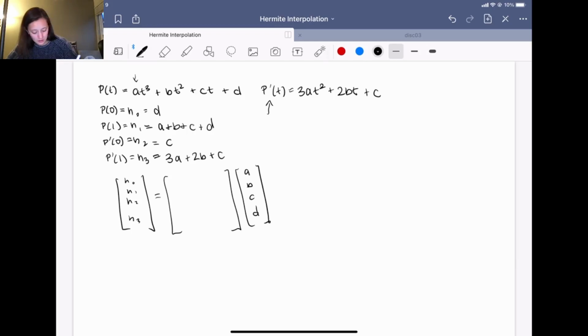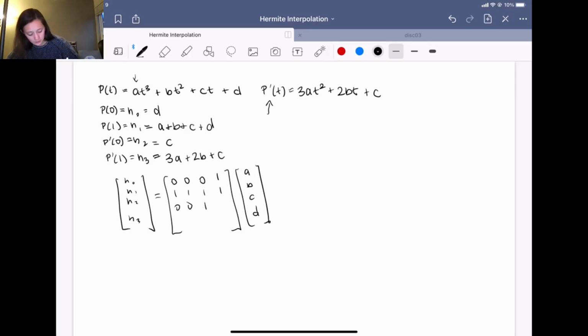So H0 is equal to D, so we should have all zeros up here and a 1 in the part that will be multiplied by D. Okay, and now our second point will have A plus B plus C plus D, which will be all 1s.